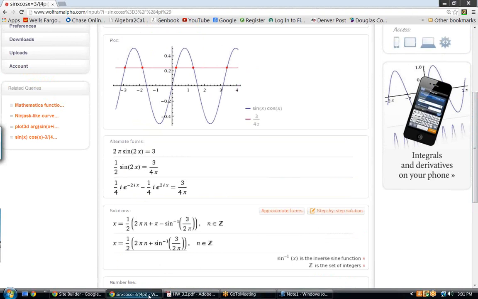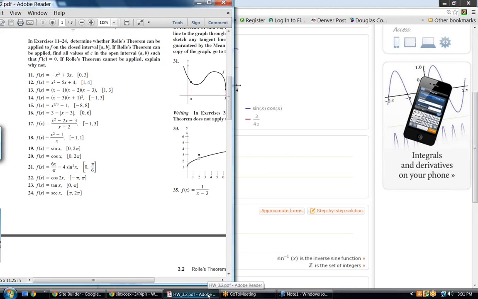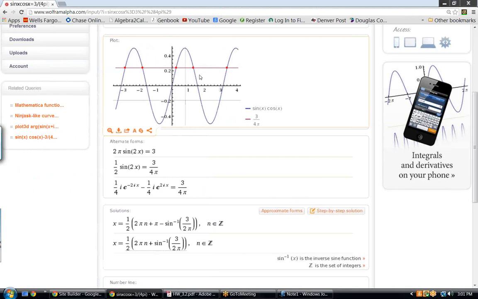Let's see, what was our interval here? Our interval was 0 to pi over 6. So they only want the solutions in that interval. Pi over 6 is 0.5, a little bit more than 0.5.